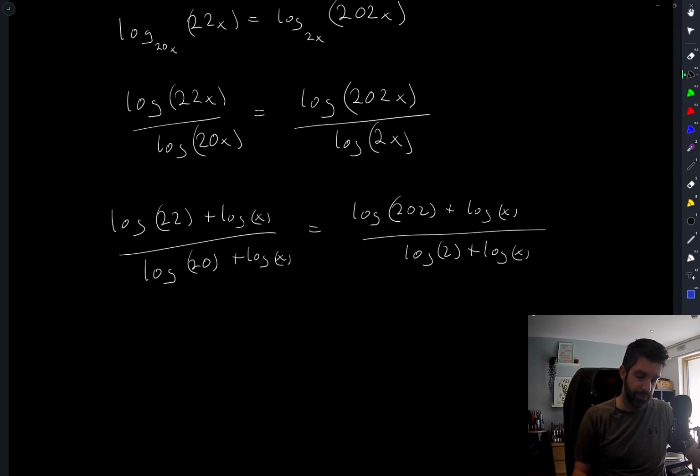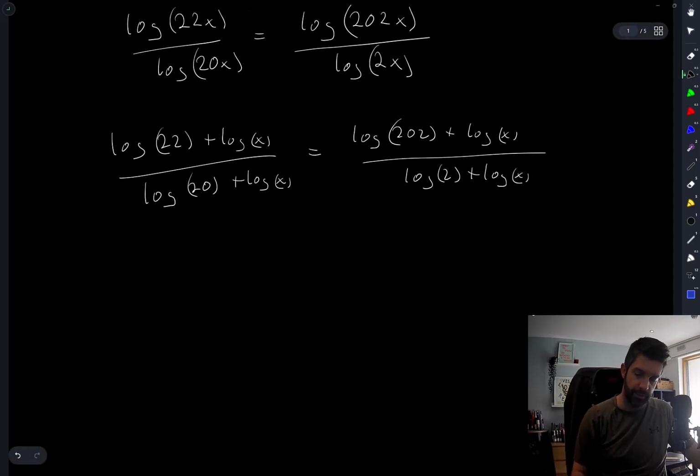Do I want to multiply through? I guess that's probably what we should do. Multiply through by both of the denominators, because then we will get log x to the power of 3, which leads me to think a cubic has in general three solutions. We're given two of them.